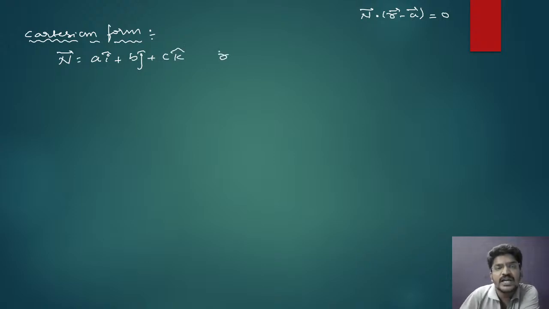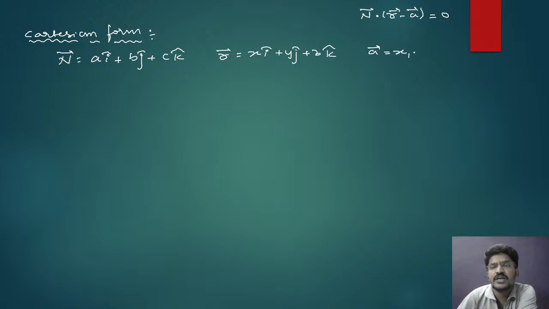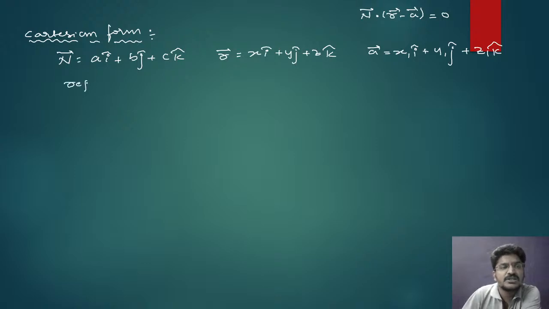Next you write vector r, that is xi cap plus yj cap plus zk cap. Next you can write vector a, that is equal to x1 i cap plus y1 j cap plus z1 k cap.